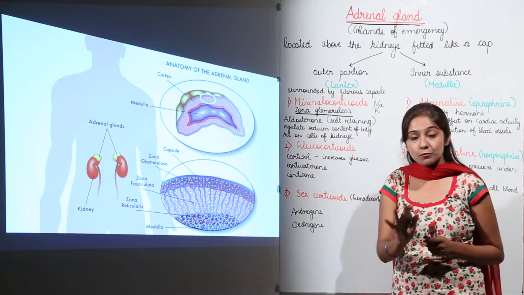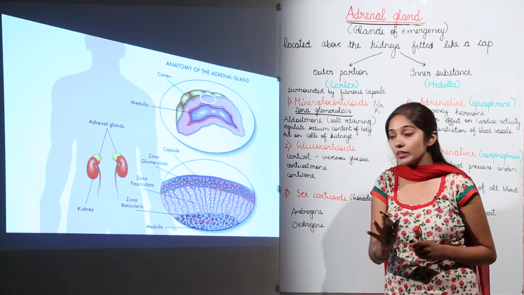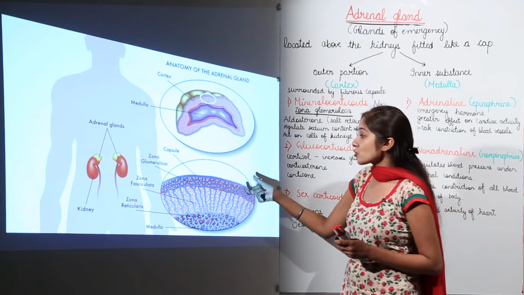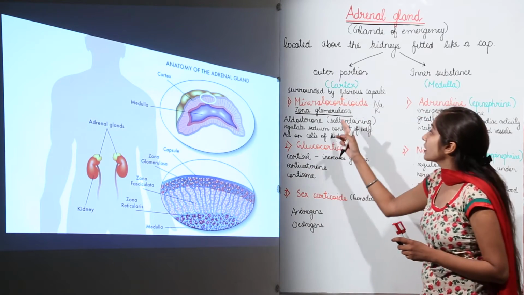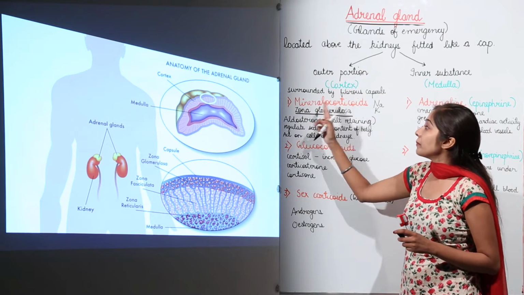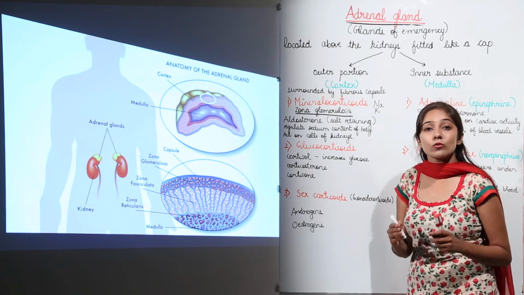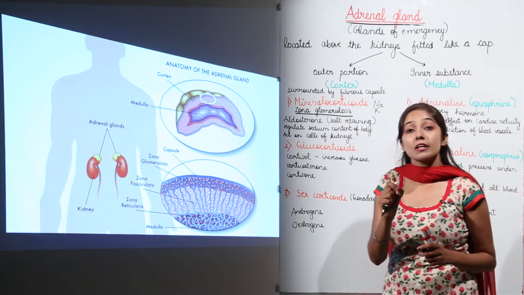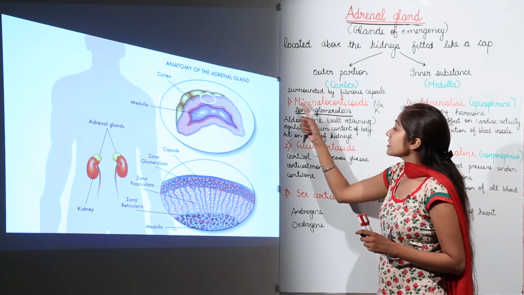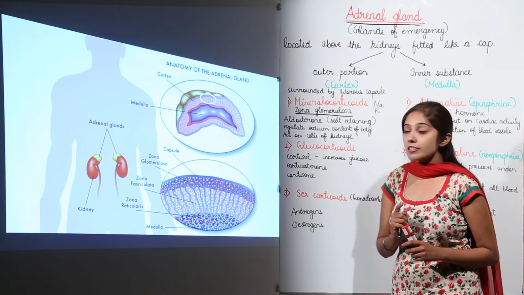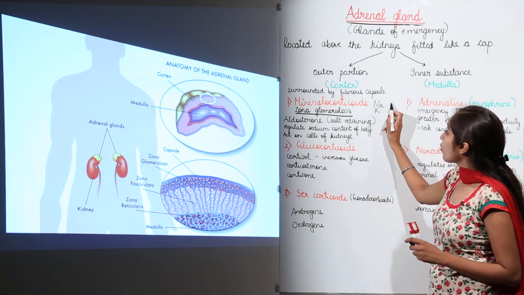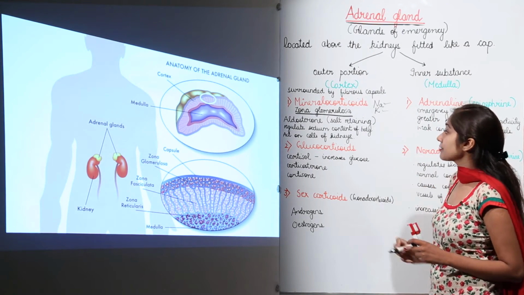So be very clear that the first zone, the zona glomerulosa, secretes mineralocorticoids, which affect mineral metabolism, and here we talk about sodium and potassium, right?